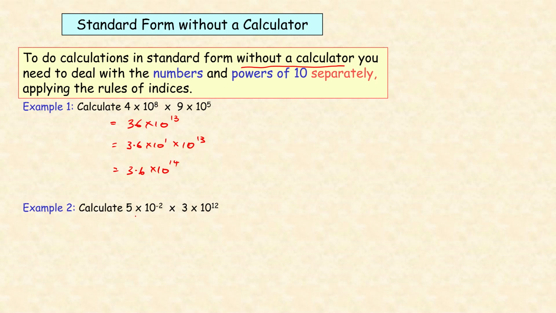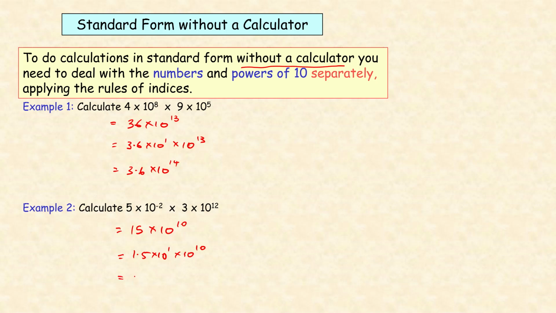Let's have a go at the next one. Same sort of thing. Do the numbers first. 5 times 3 is 15 times 10 to the power of, we've got minus 2 plus 12. Minus 2 plus 12 gives me 10. Now 15 is bigger than 10, so that's no good. That's not a standard form. So I do take my 15, that's 1.5 times 10, which is 10 to the power of 1, times 10 to the power of 10.